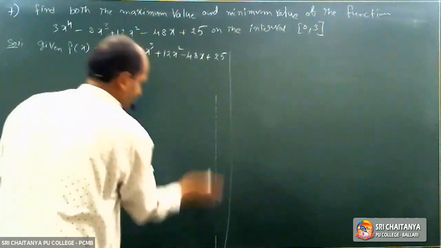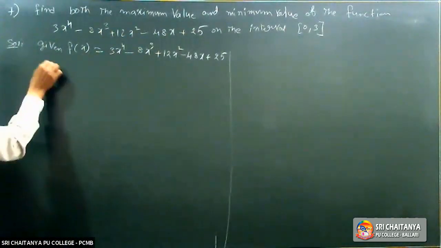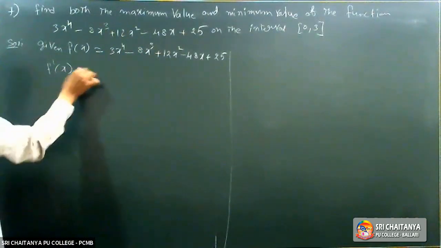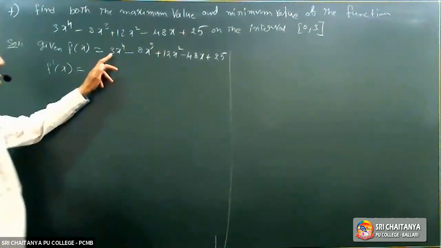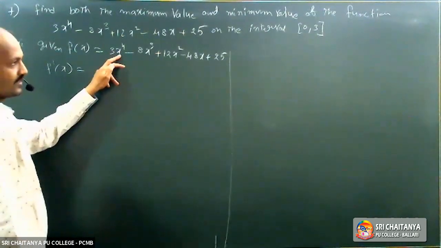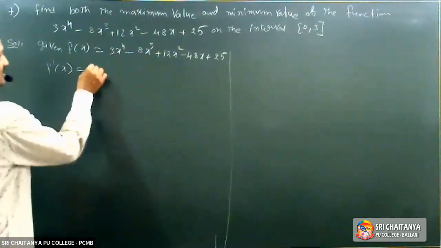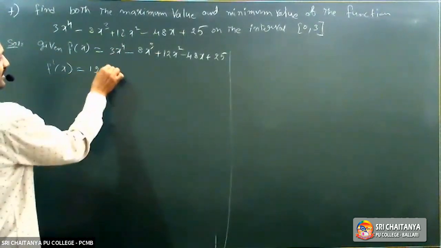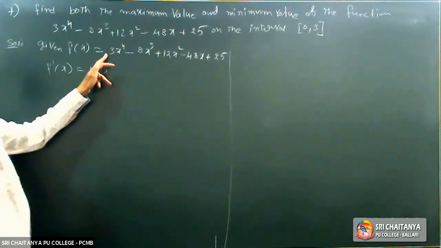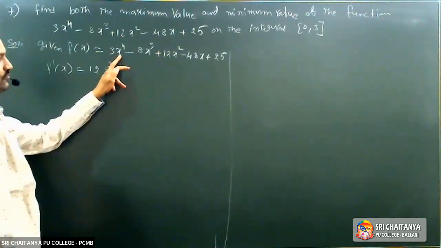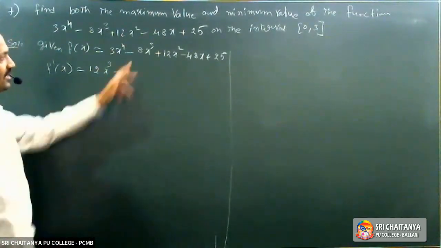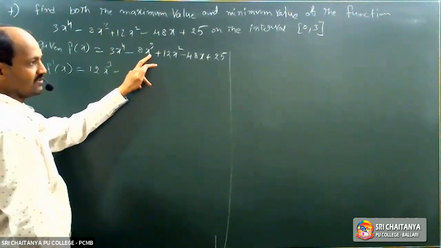Find the first order derivative. f dash of x is equal to derivative of x power 4, it is 4x power 3. So clearly it is 12x power 3: 3 into derivative of x power 4, minus 8 into derivative of x power 3.